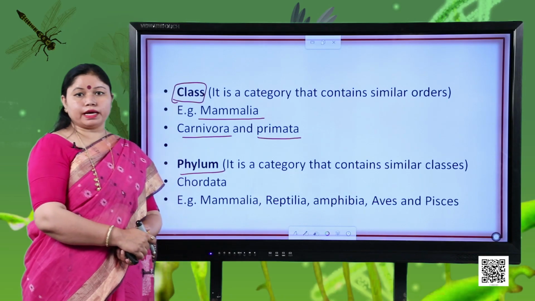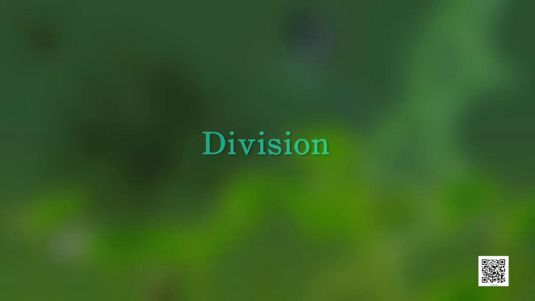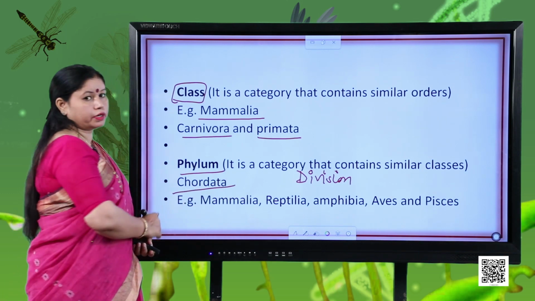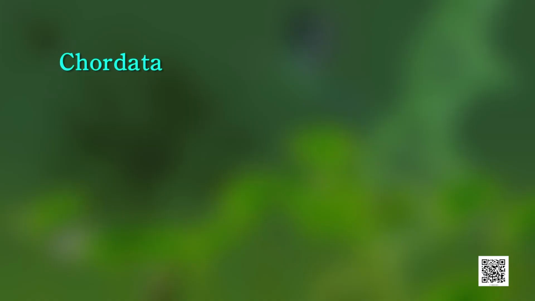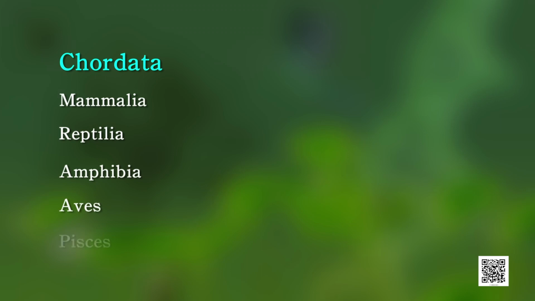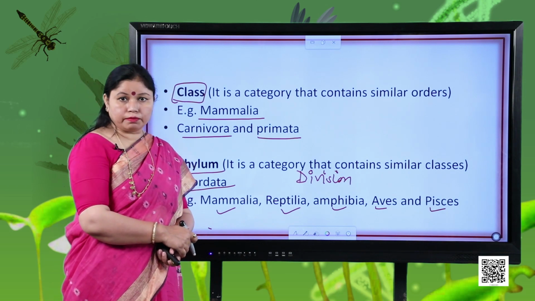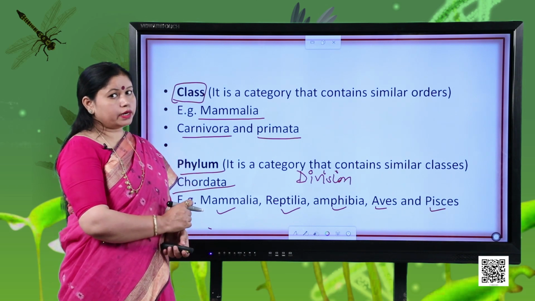In case of plants, we use the term division instead of phylum. An example of the phylum, we can take Chordata. Chordata is a phylum that contains various classes which include Mammalia, reptiles, amphibia, aves and Pisces. You must be familiar with these all classes. You must have studied them in your lower classes.